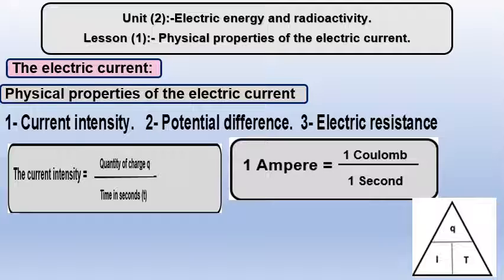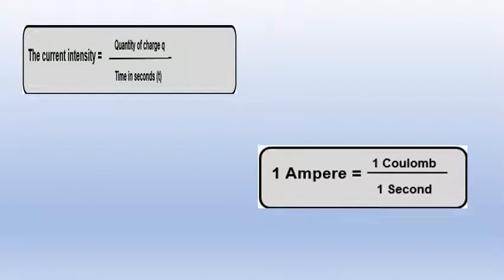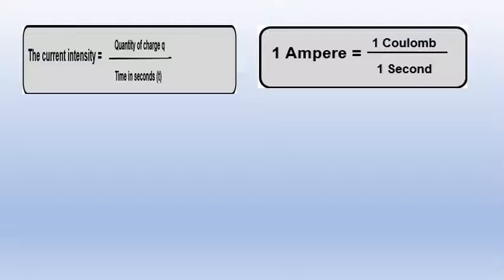So if I ask you what happens by increasing, okay, here I have the electric current intensity equals a quantity of the electric charge divided by time in seconds.